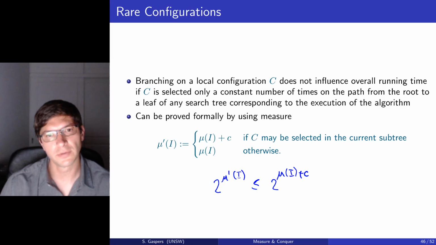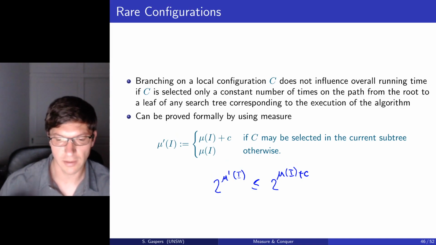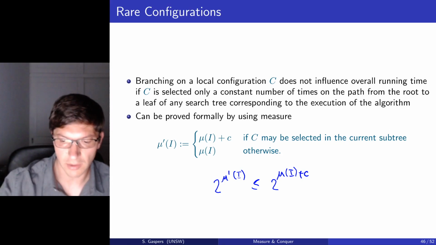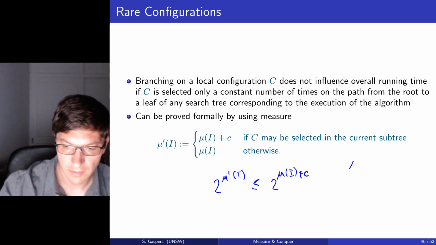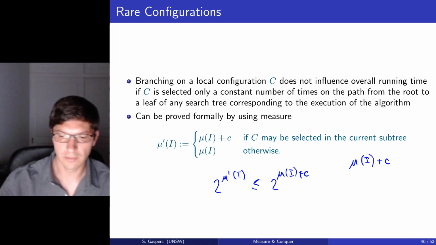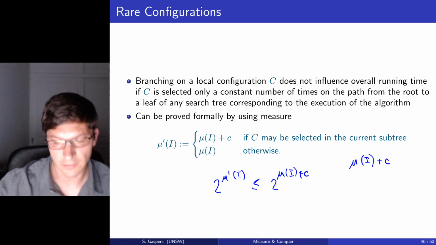Well, the benefit from doing this is that if we now have this 5 regular case, so our measure is still mu of I plus c. So let's say we branch in this 5 regular case, right?